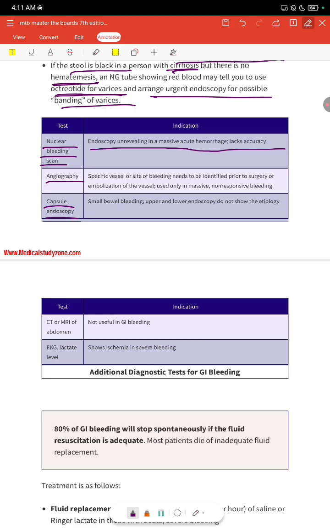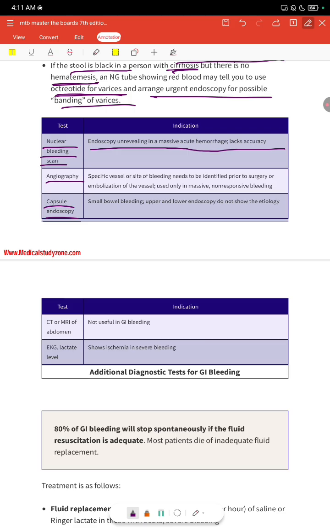If there is acute hemorrhage that is massive in amount, endoscopy can be unrevealing. It cannot reveal the things which we are looking for because of the acute massive hemorrhage. So it lacks accuracy. In such cases, a nuclear bleeding scan is indicated.